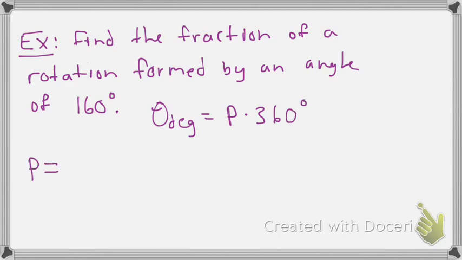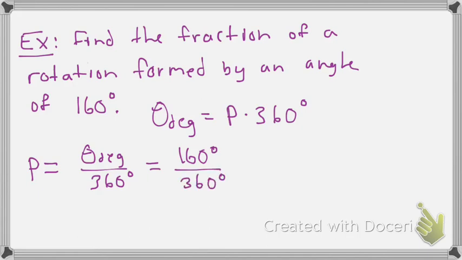You can solve for p by dividing both sides by 360 degrees. Since theta is 160 degrees, we divide that by the full rotation of 360 degrees, and this ends up being 4/9. So a 160 degree angle is the same as making a 4/9 counterclockwise rotation.